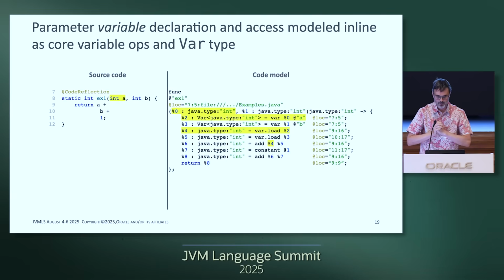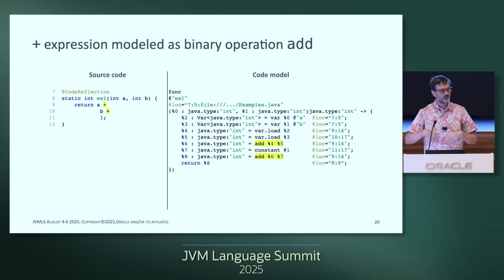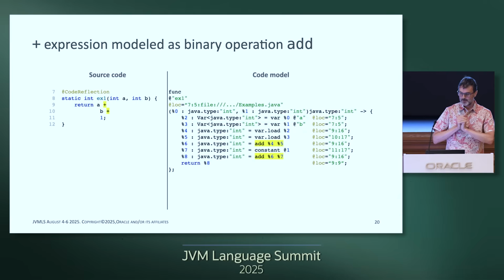So we see a load operation there for %2, which is part of the A expression. When we express A, we model it as a var load on the variable that's modeled by the parameter here. And we see the plus operator is modeled as you'd expect, an add operation, no surprises there. It takes two values in and produces a value out, two ints in, one int out.